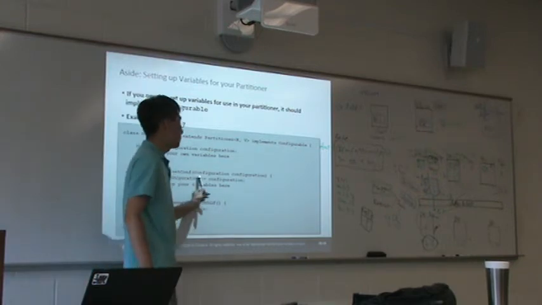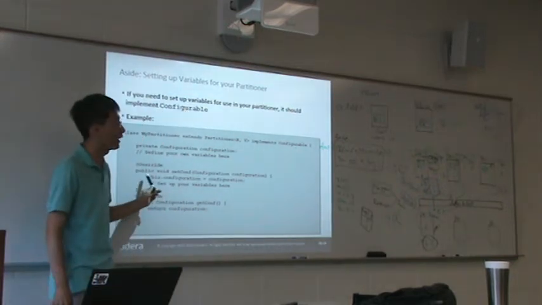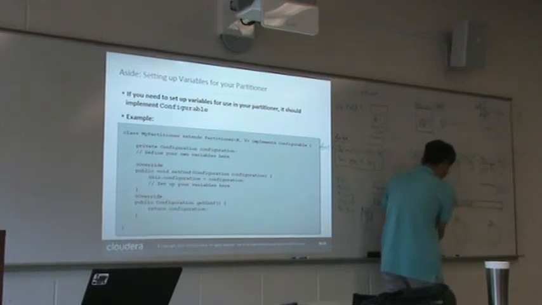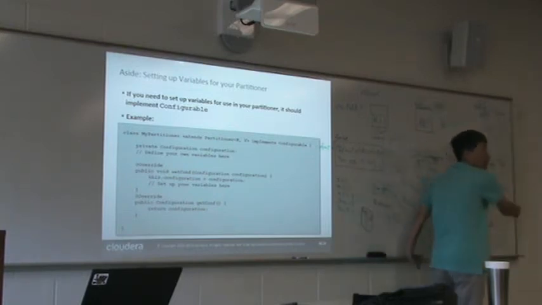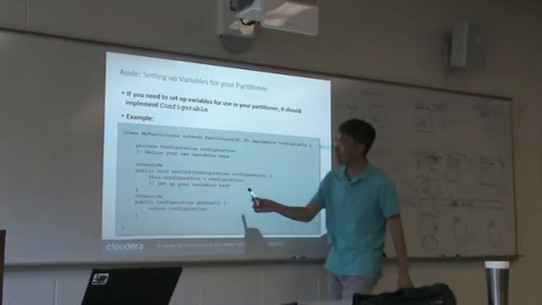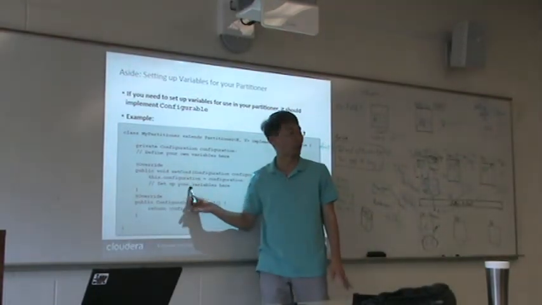Here you can specify the algorithm. For example, if the key is A, then the reducer number is from 0 to n minus 1, and that is the reducer number. So you can specify that over here.